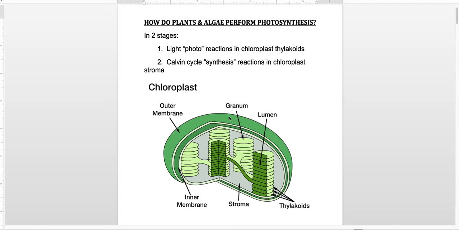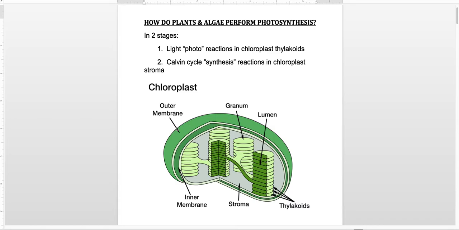It's creating sugar rather than breaking sugar. And just like cell respiration went into different stages and it was complex, different things happen in different parts of the cell. Photosynthesis is also a complex process. It's essentially the reverse of cell respiration, and there's a lot of detail to it.